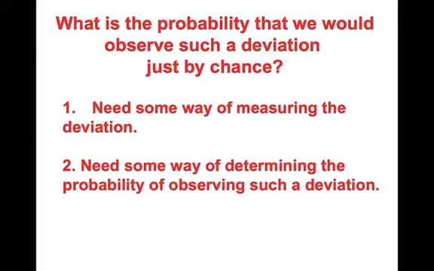So if the deviation is small, we want to say, that seems pretty likely. We want a reasonable probability associated with that. But if the deviation is huge, we might say the probability of just observing that by chance seems very small. And so we'd want to associate a small probability with that large deviation.